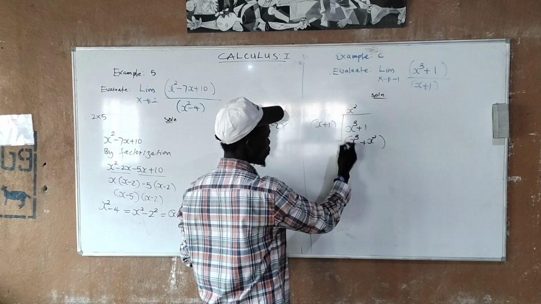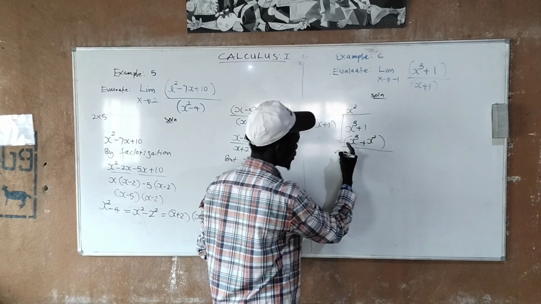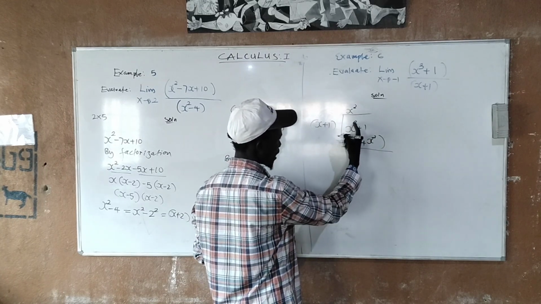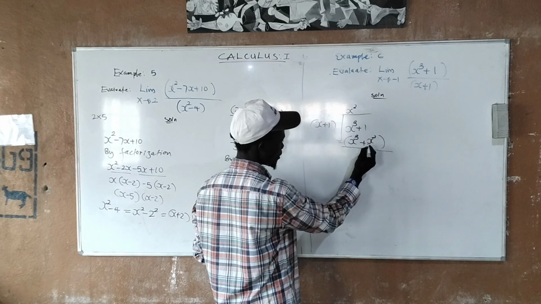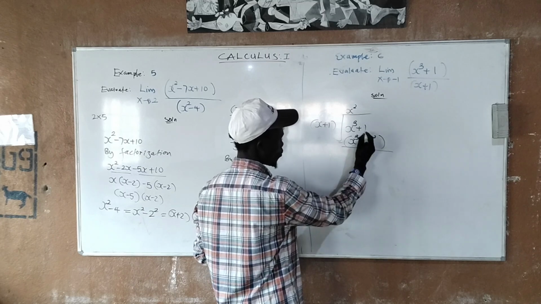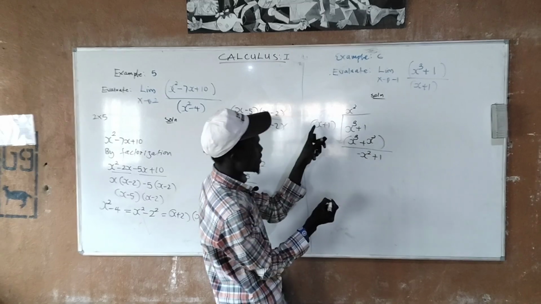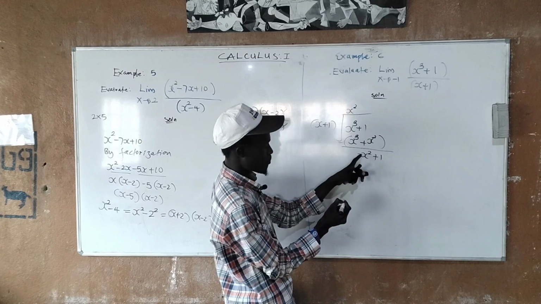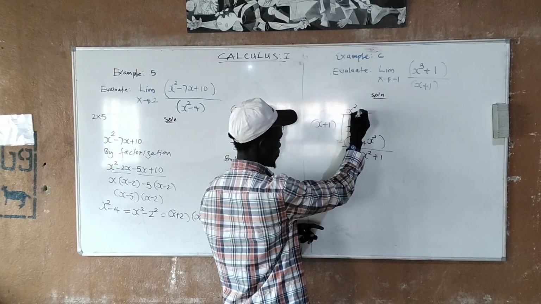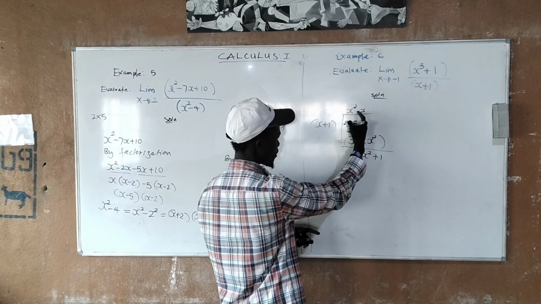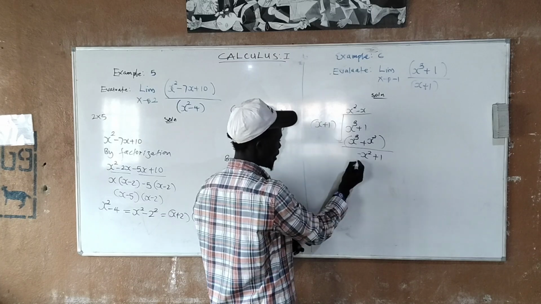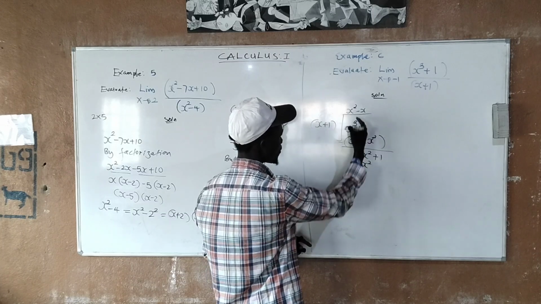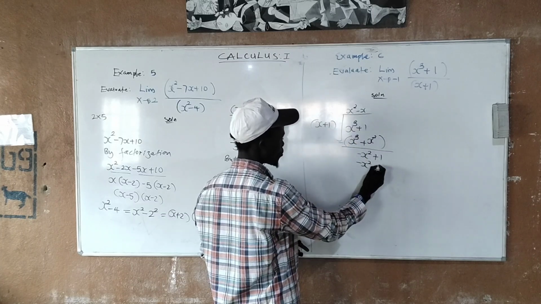After which we subtract. So x cubed minus x cubed is 0, and this is minus x squared plus 1. The same thing, if x cancels 1x on minus x squared, you are going to have minus x remaining. So minus x times x is minus x squared, and minus x times plus 1 is minus x.